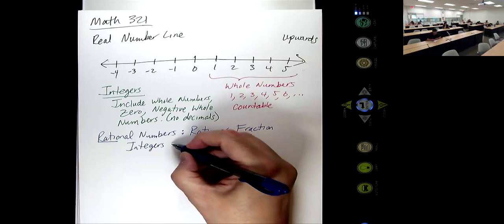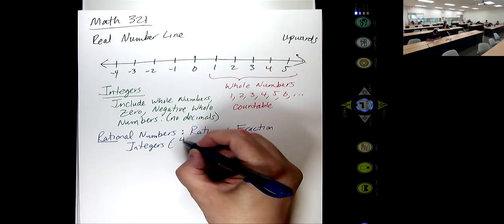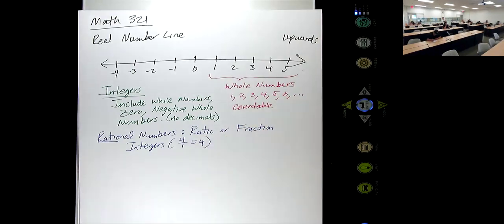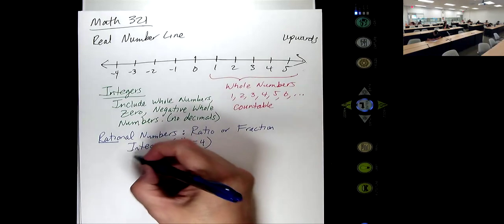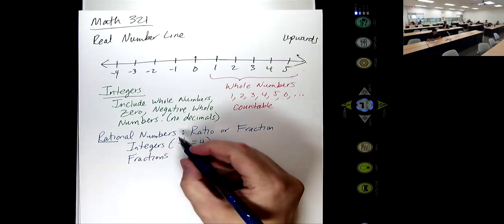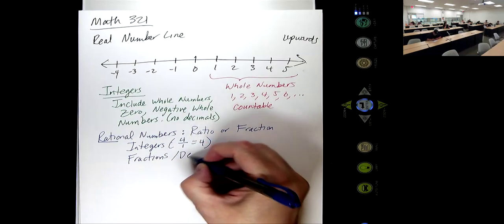We can do like 4/1 still equals 4, but we can write it as a fraction. It includes fractions, like we were just saying, or it can also include decimals that can be written as fractions.